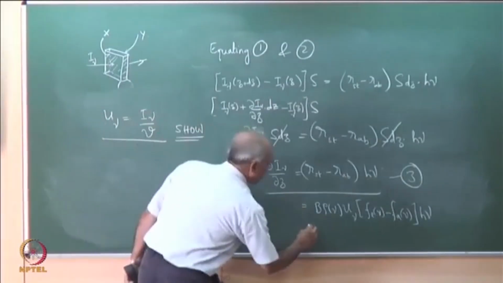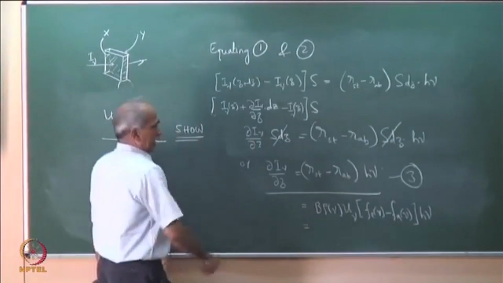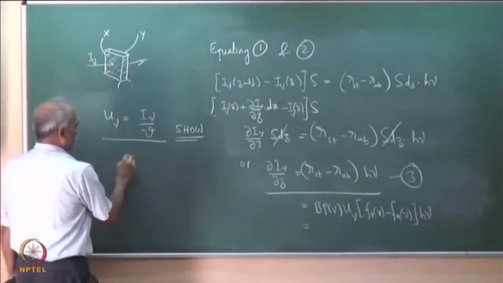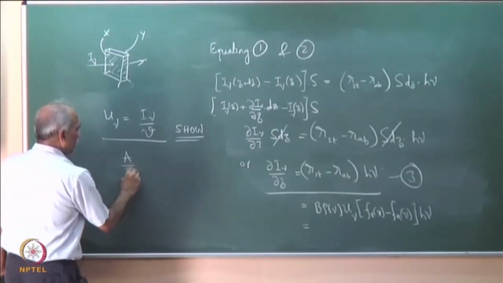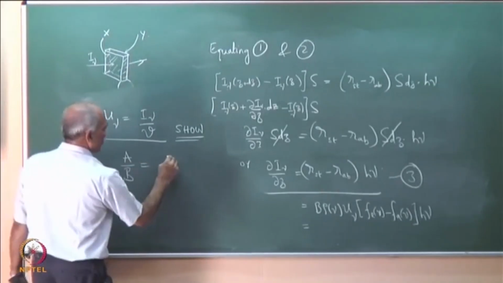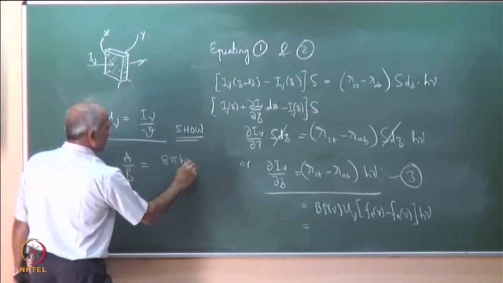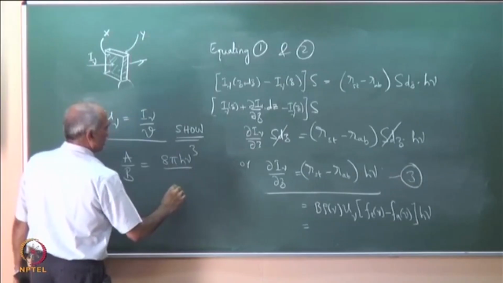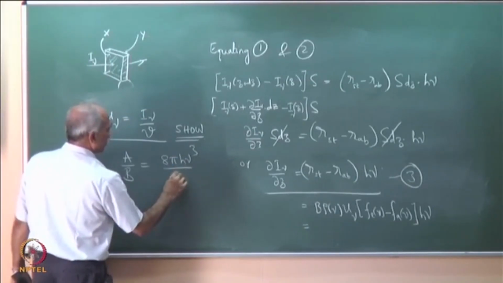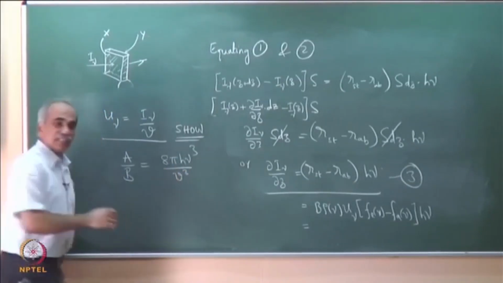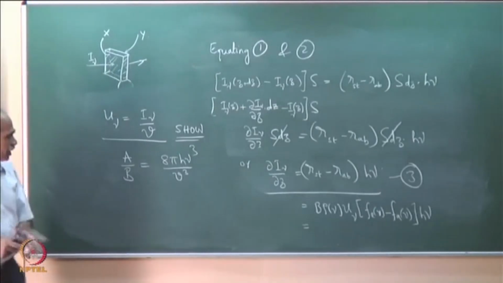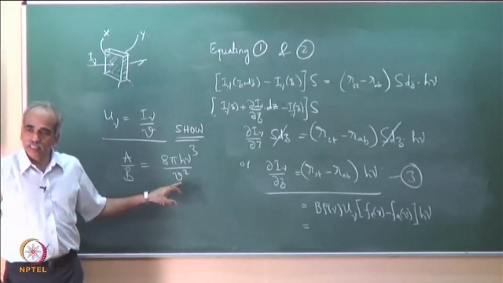So, what else do we have? We know that A by B, the relation between the Einstein coefficients, is 8 pi h nu cube divided by V cube. It is C if it is in free space, but if it is in the medium it is V, that is C by n.